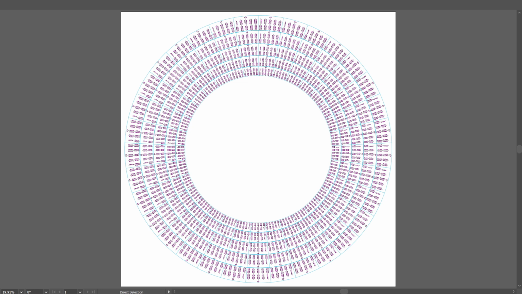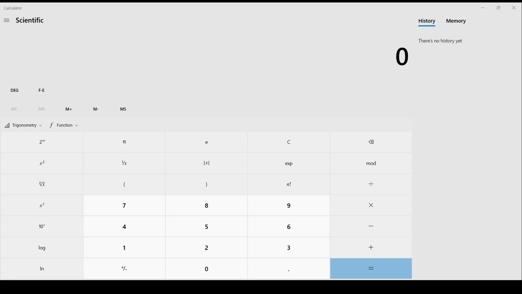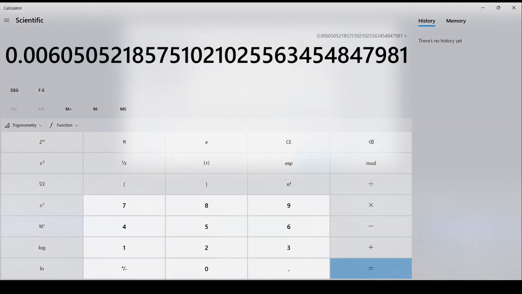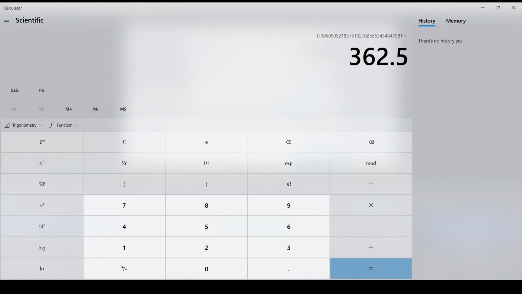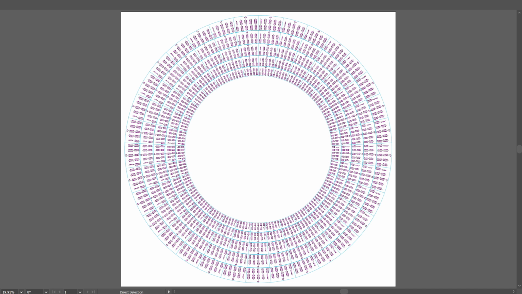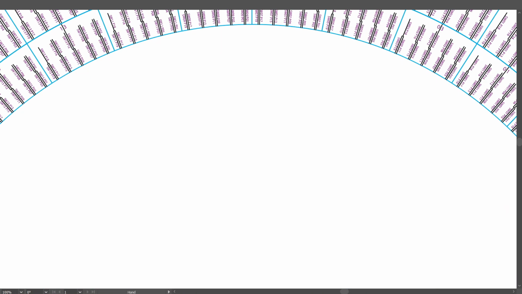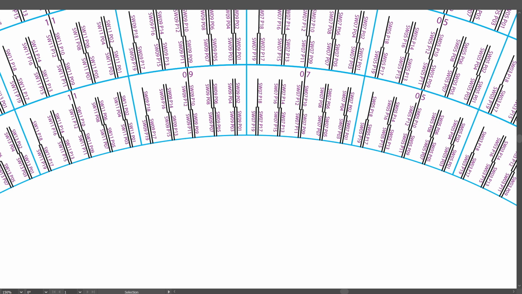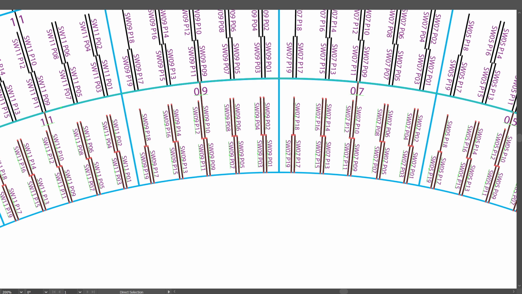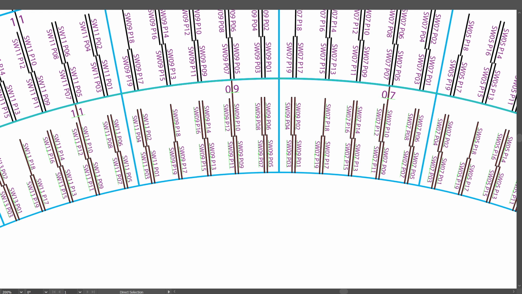Aye, Captain. Captain, purple lines and 5th ring rotated as instructed. Okay, very good.